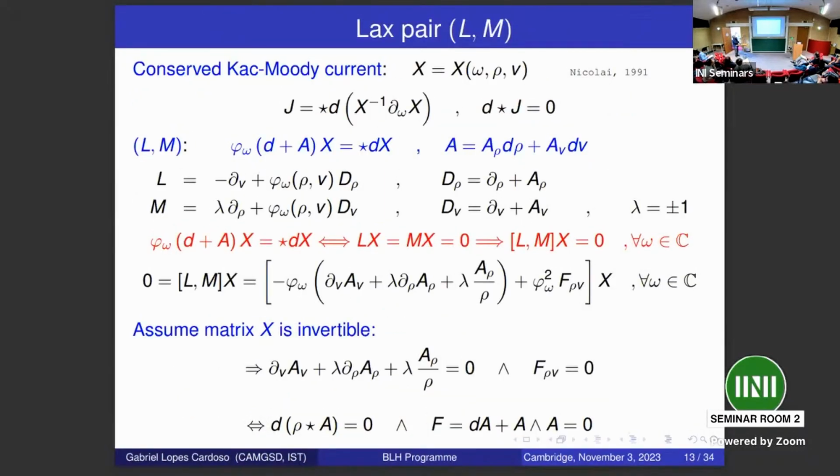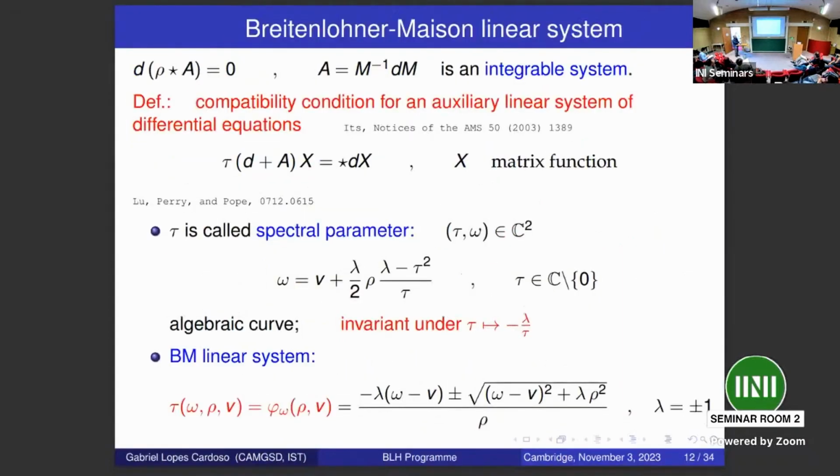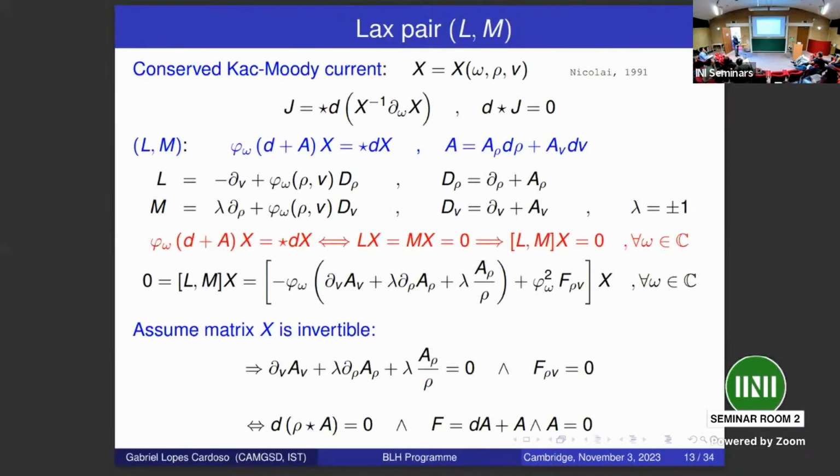So suppose you take a given solution of the equations of motion, you put it in here, you select one of these members of this family, put it in there, and you solve for x. Then you'll get an x that depends on the space-time coordinates rho, v as well as on the parameter w.